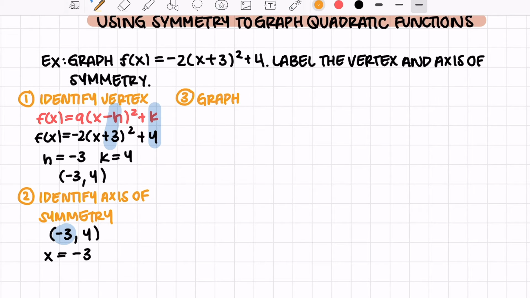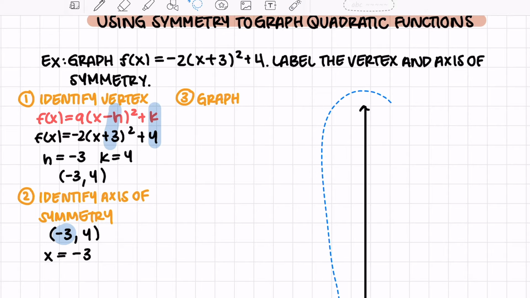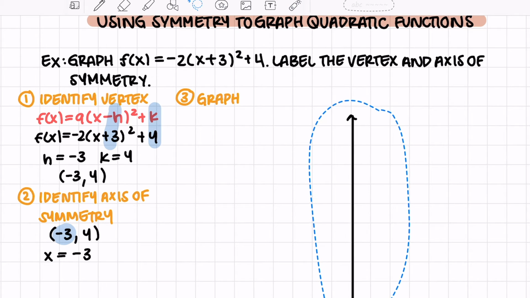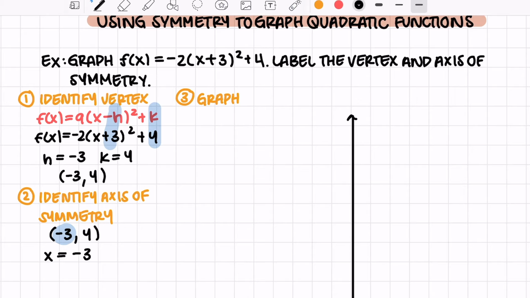So right here, let's graph it out. I have my graph here. Let me move it to the side like this. I also have my x-axis being shown.